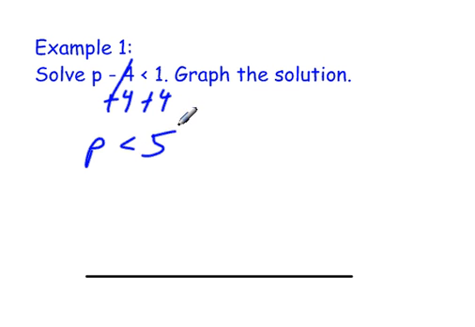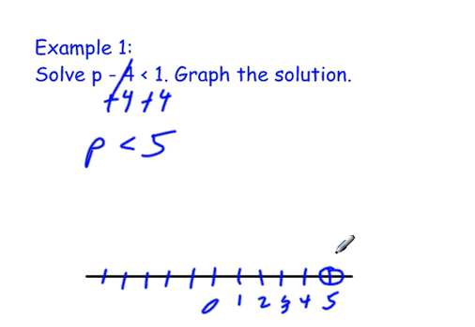Now on your paper you probably have lines, but I'm going to draw a number line right here. I'm going to make that 0. I have 1, 2, 3, 4, 5, and then I could have it going backwards as well. Obviously the numbers that I need are on this side, so I'm just going to start there. Now this is p is less than 5, so it's not actually including 5, so I'm just going to leave an open circle there.